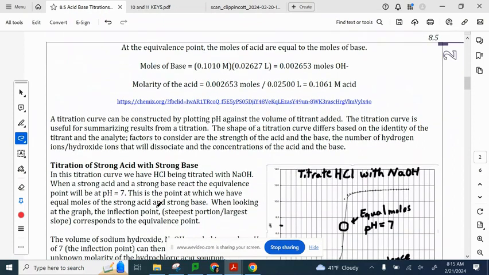Okay. So at the equivalence point, your moles of your acid will equal the moles of the base. So moles acid equal moles base. These are equal to one another at equivalence point.